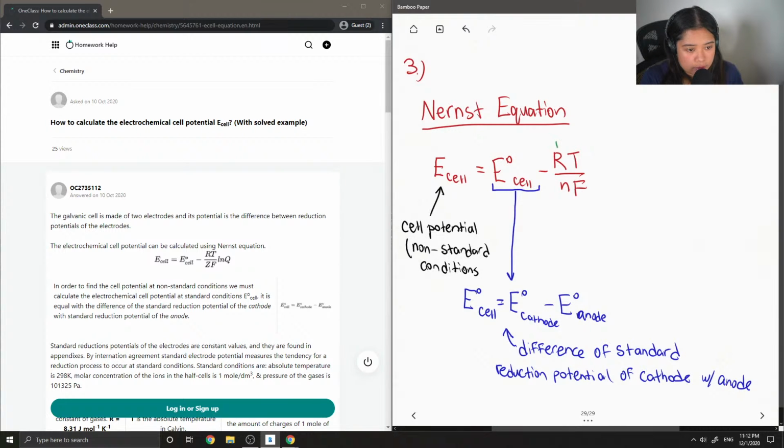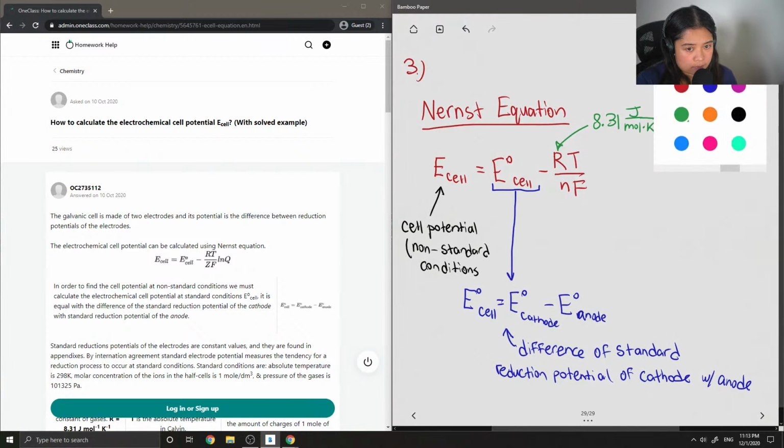So R is a constant. Its value is around 8.31 joules over mole times Kelvin. T is the temperature in Kelvin.